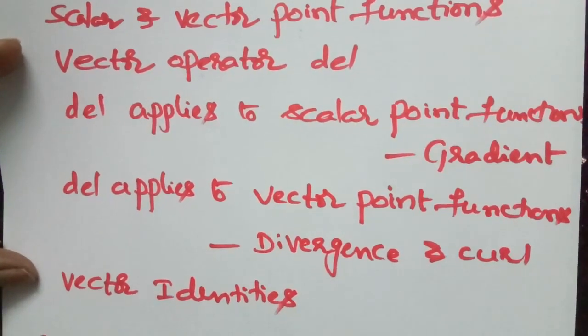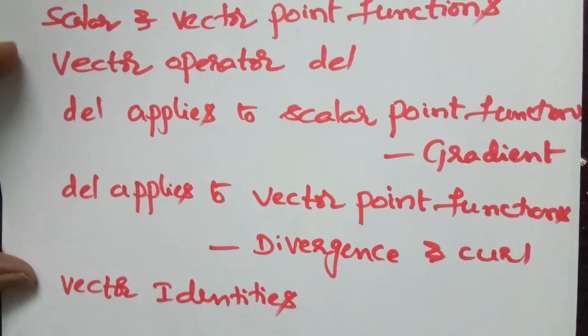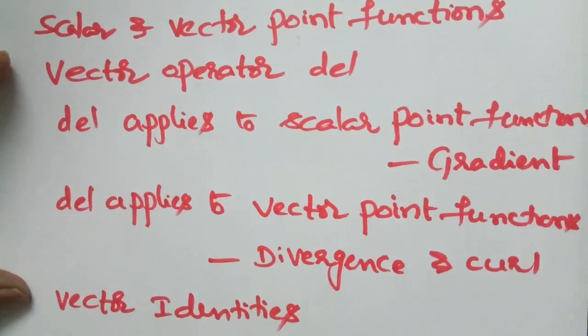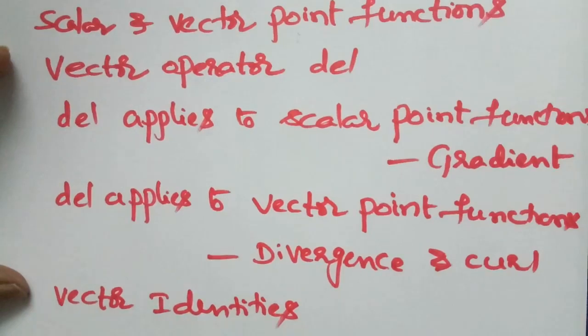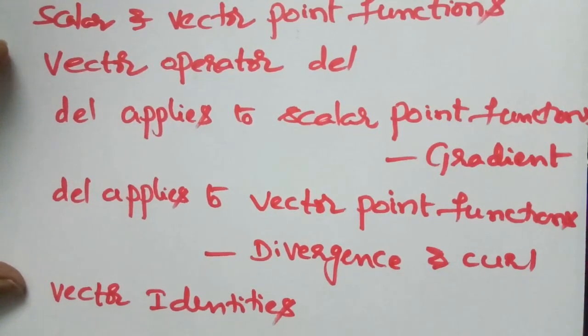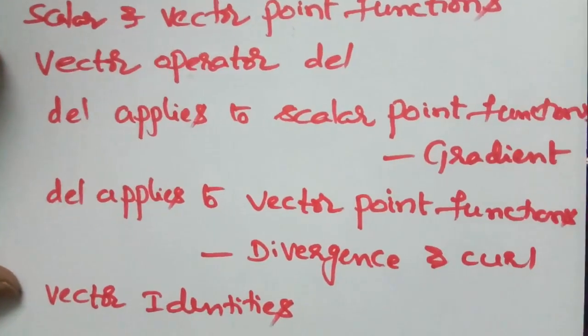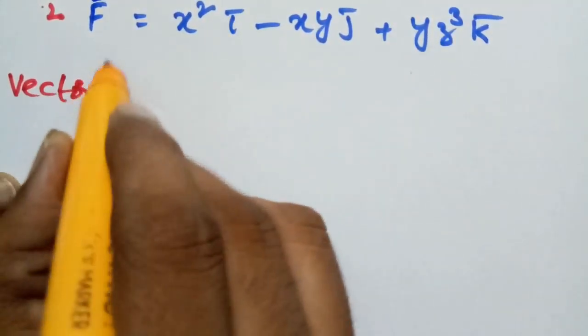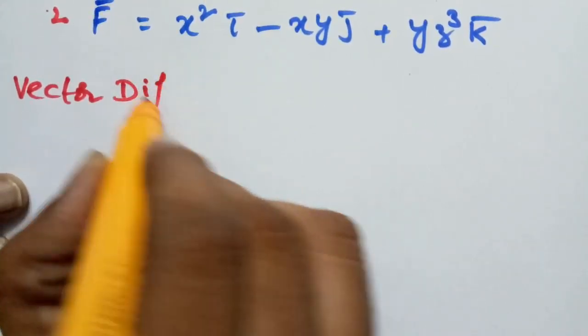So those can be treated as scalar point functions. Here, what is the vector operator? The next one is a vector operator, known as del. Now we are going to define the vector differential operator del.